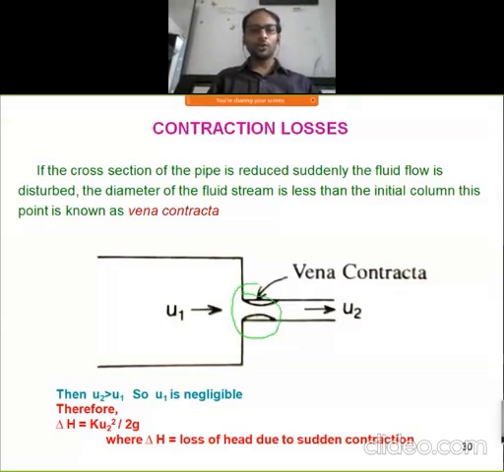So the value of u1, the average velocity at point 1, is very small, negligible as compared to u2. Means here the speed of your liquid suddenly increases. So the value of u1 is negligible compared with u2, so here we just have to consider this u squared.